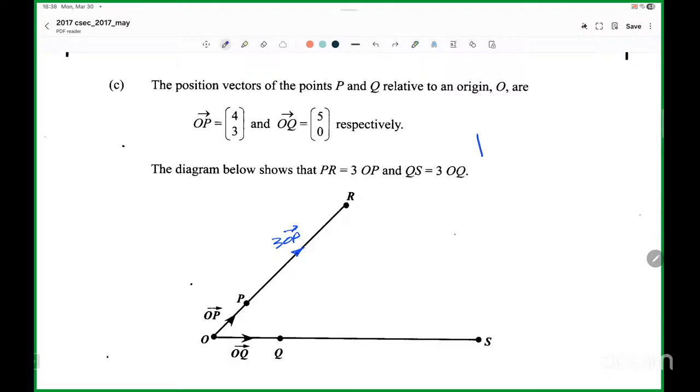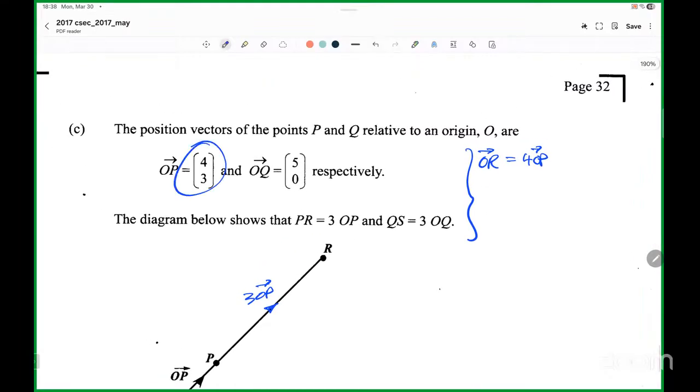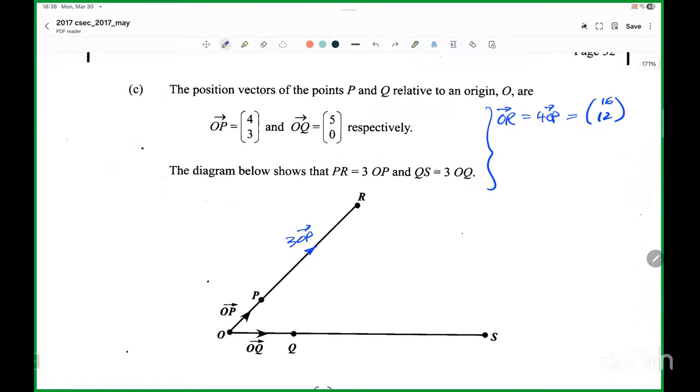Let's write over here. So OR becomes 4 times OP, which is 4 times this. So it really becomes 16, 12. 4 times 4 is 16. 4 times 3 is 12. That's what OR is. And it says QS is also 3 times OQ.